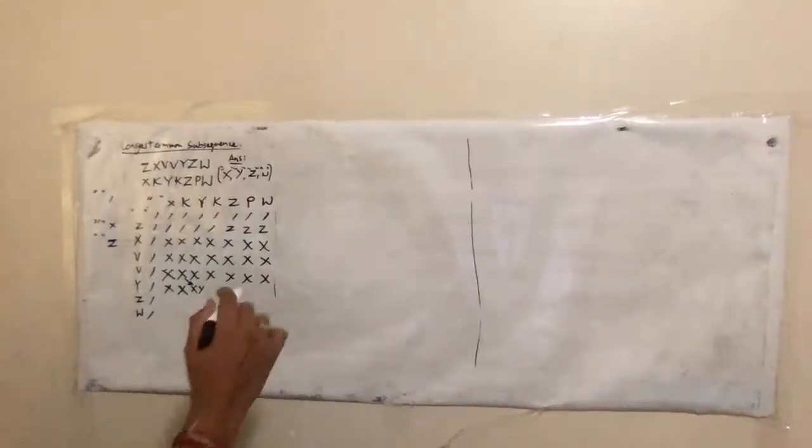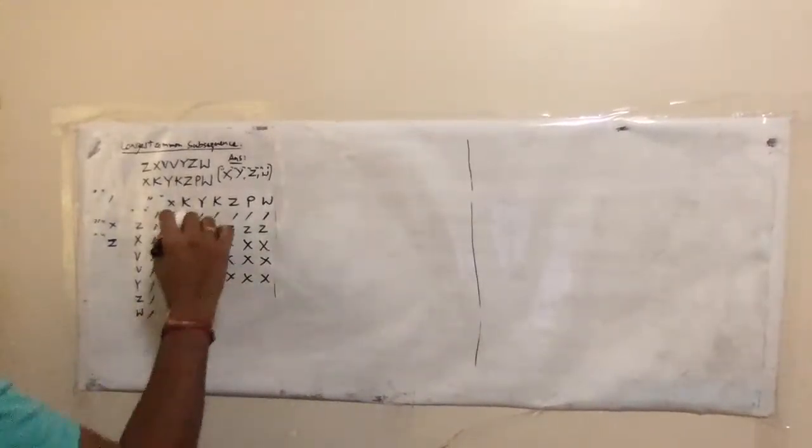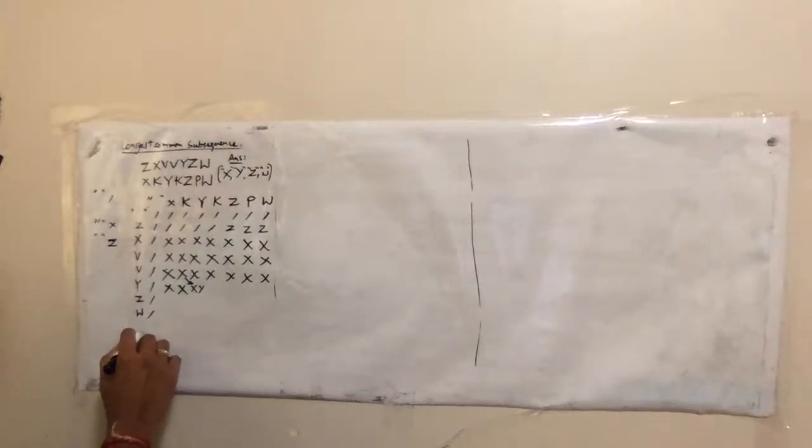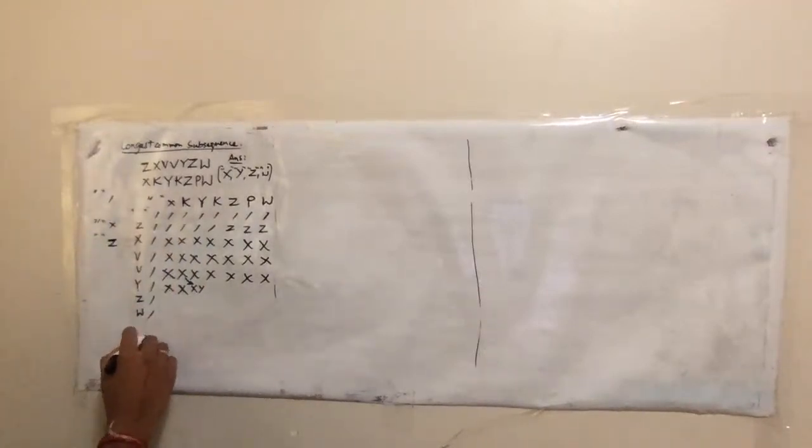In this way, we conclude that if the characters are equal, I will call this the LCS array, a 2D array.